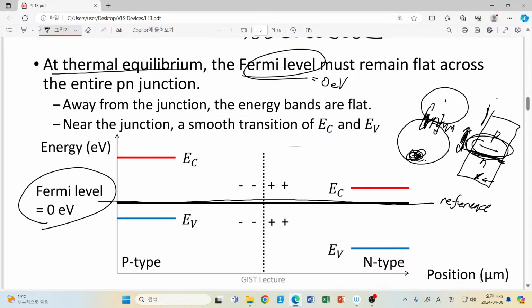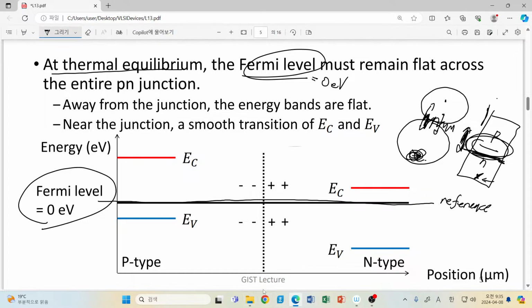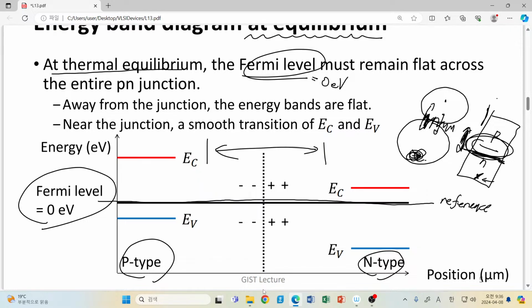So simply speaking, if we have a p-type region here and an n-type region here, then beyond a certain range, how long is it? We have no idea. However, let's assume that there exists a certain finite extent affected by this p-n junction. Beyond that level, we are now assuming that the system is in its local equilibrium. What is local equilibrium?